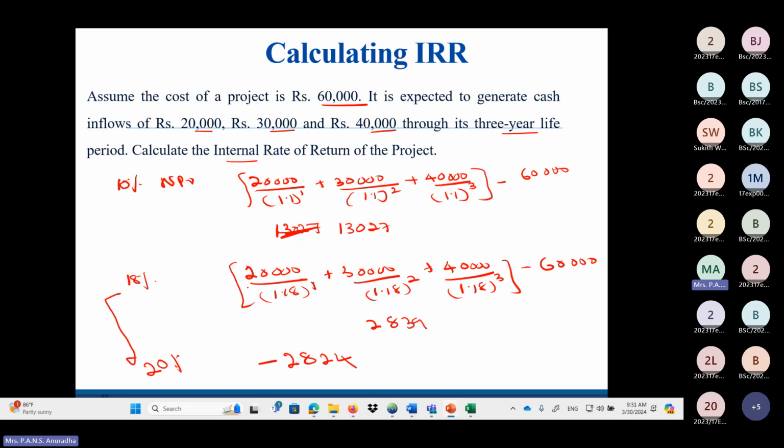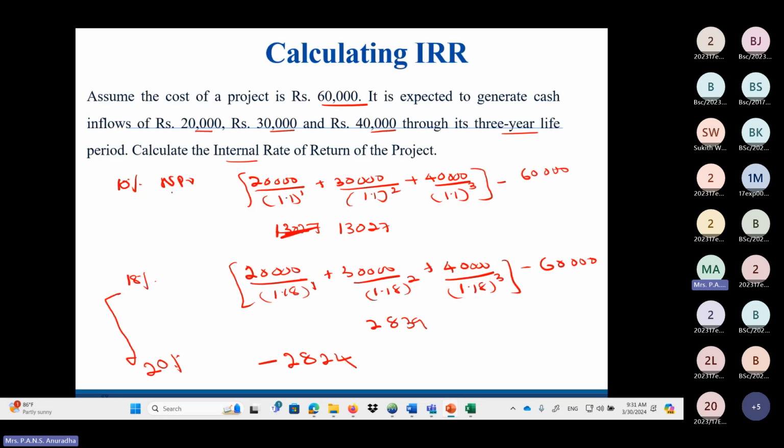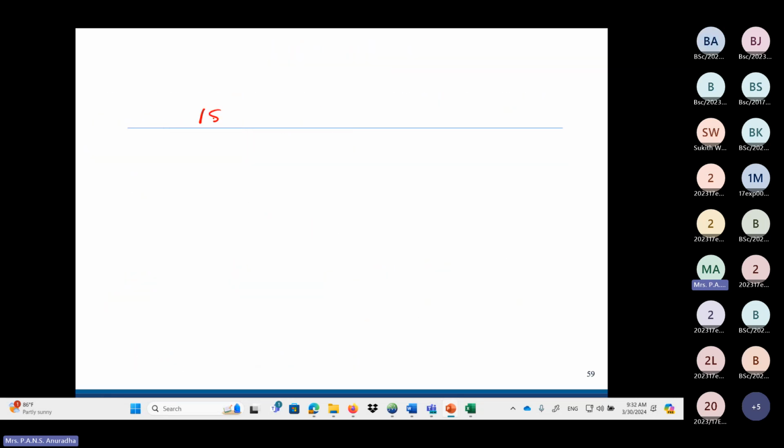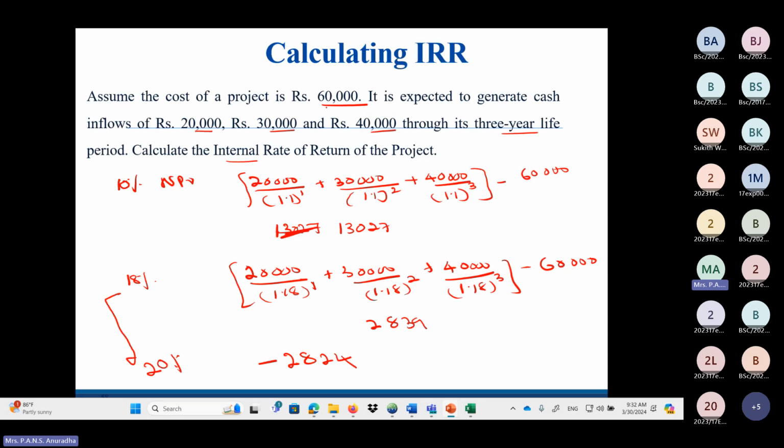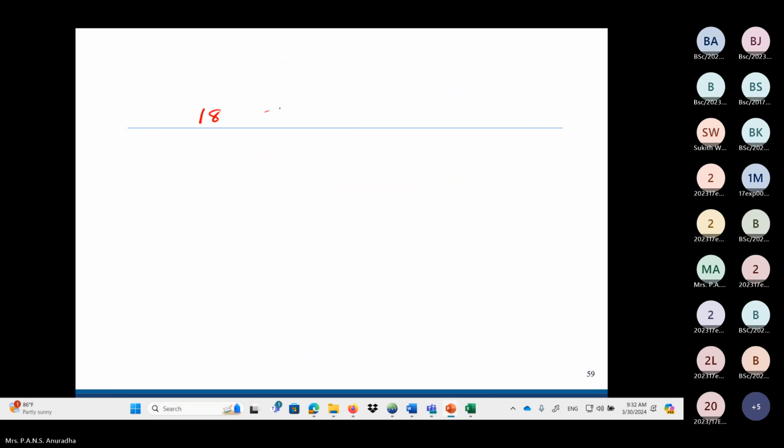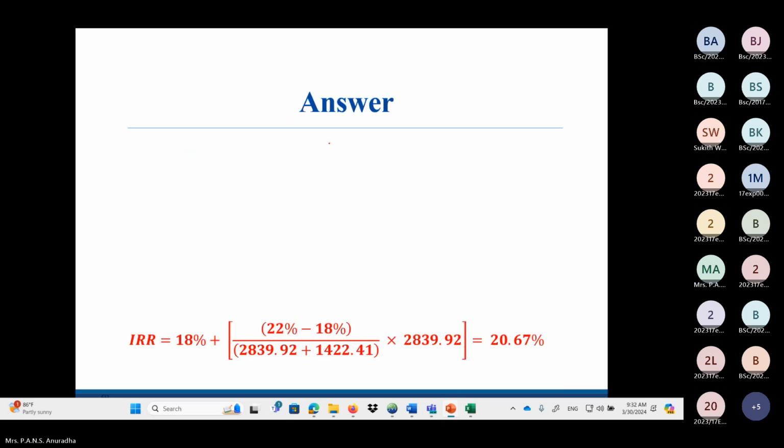Now based on this range, you can approximately identify the internal rate of return. So now we are taking these two numbers. At 18%, NPV is positive 2,839. We are seeking in this calculation the rate when the NPV is 0.